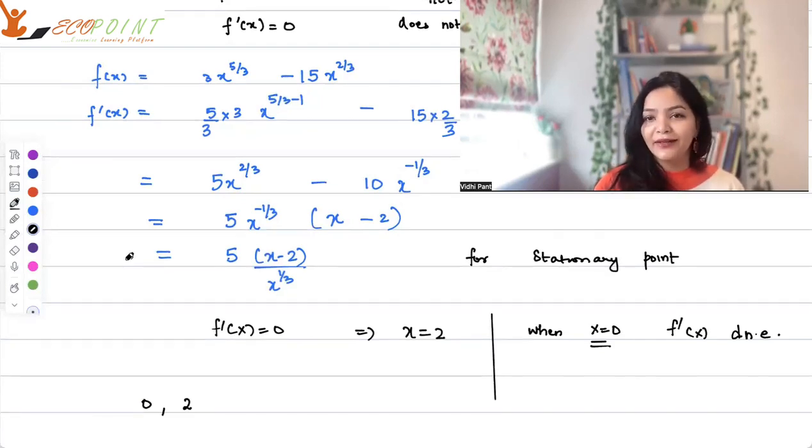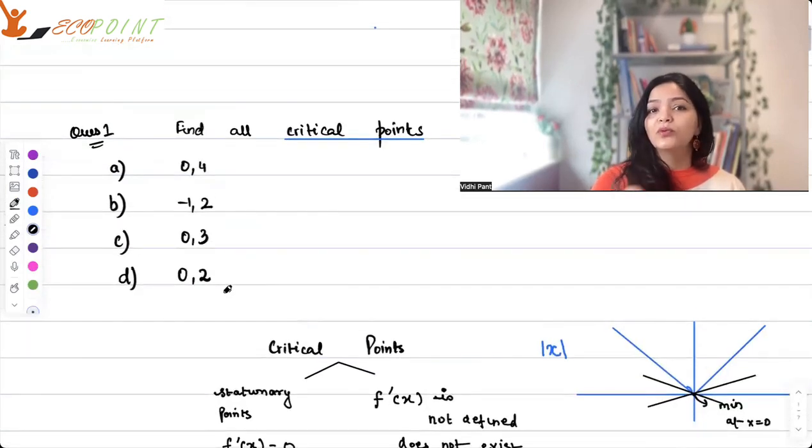So you can see that the expression f dash x does not exist at this point, x equals 0. So therefore, 0 is also critical to this function. You have two critical points, out of which one is stationary. So the correct answer to this is option D.